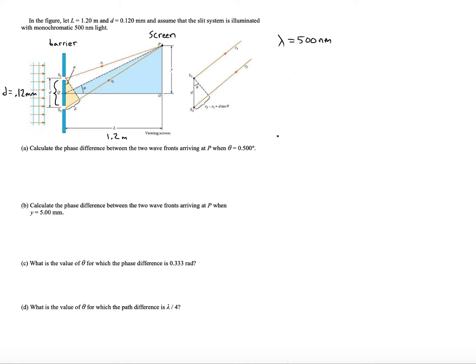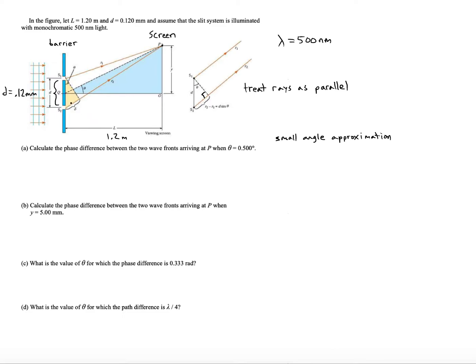We're doing what's called the small angle approximation. So we treat the rays as parallel, and then treat this angle as 90 degrees.